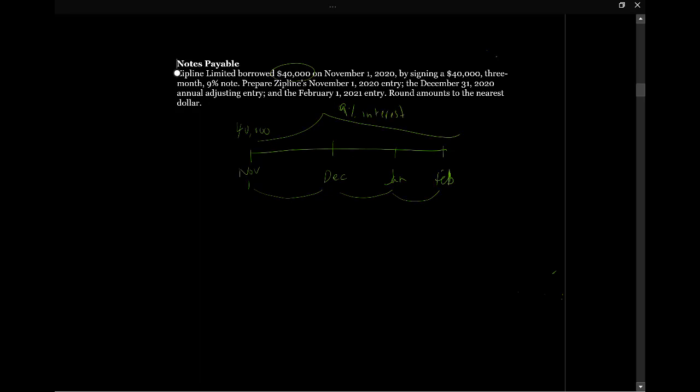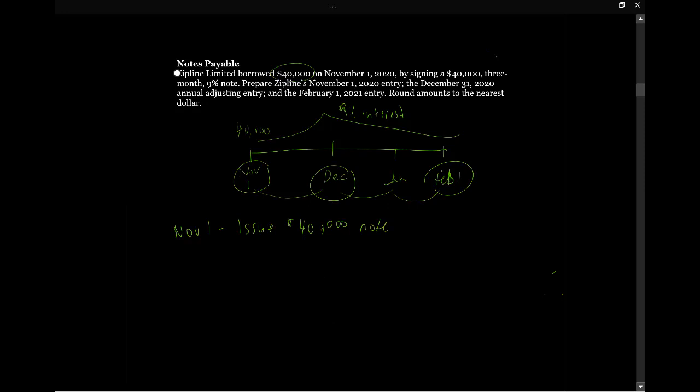Okay, and so we're asked to prepare the journal entry for November 1st, the December 31st adjusting entry, and the February 1st, 2021 entry. So this is February 1st. What happens on November 1st? Well, Zipline is going to borrow $40,000, so they're going to issue a $40,000 note.